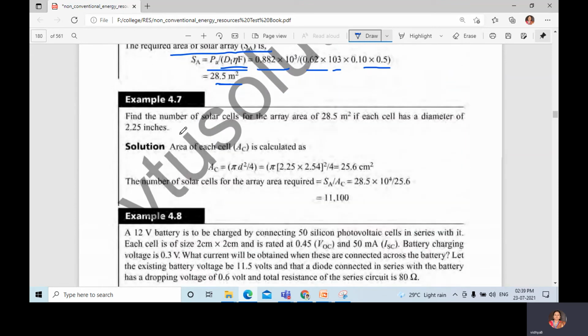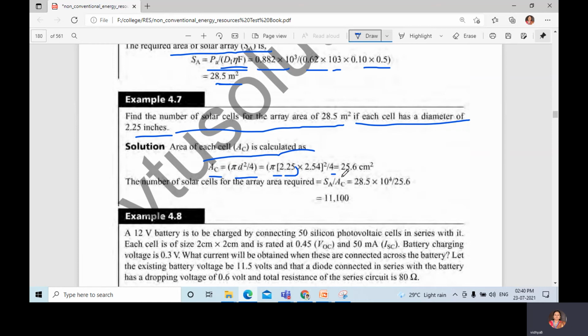And next, finally, find the number of solar cells for the array of 28.5 meter square if each cell has a diameter of 2.25 inches. Area of each cell is calculated as AC equal to pi d square divided by 4, with d equal to 2.25 inches.